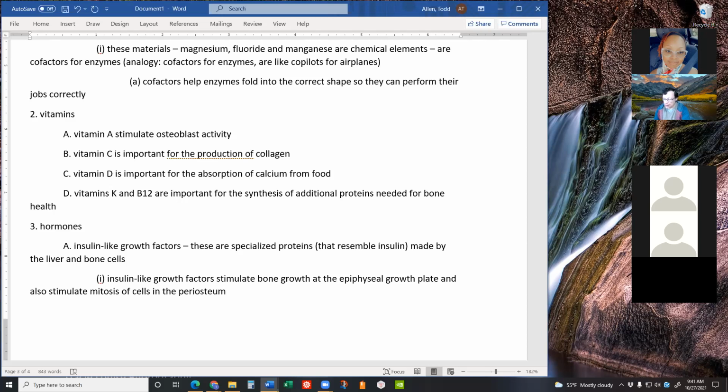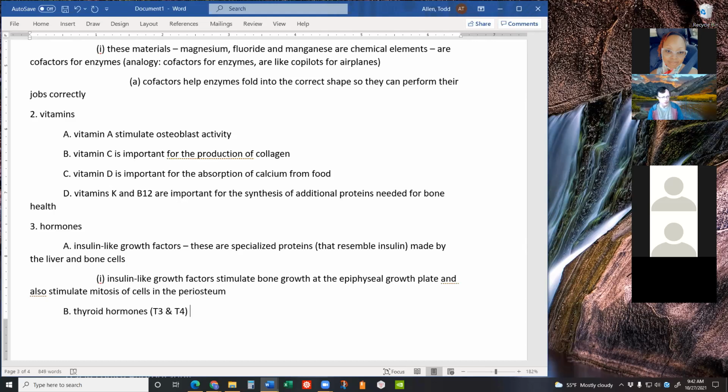Let's continue here. So insulin-like growth factors are hormones. They are special proteins involved in bone physiology. We have hormones from the thyroid gland. In this case, T3 and T4 hormones are important.